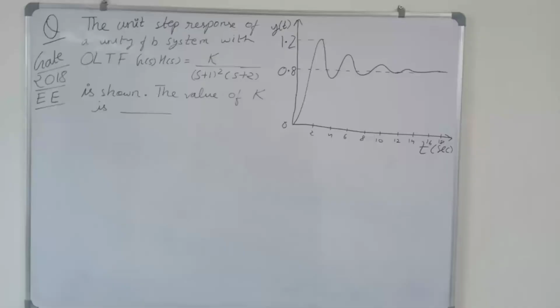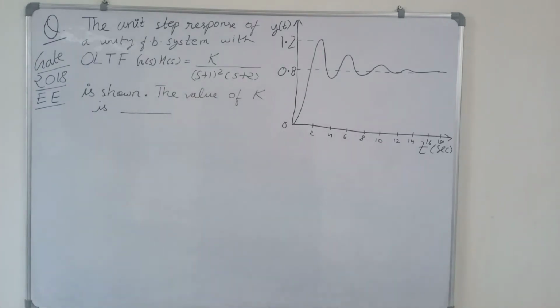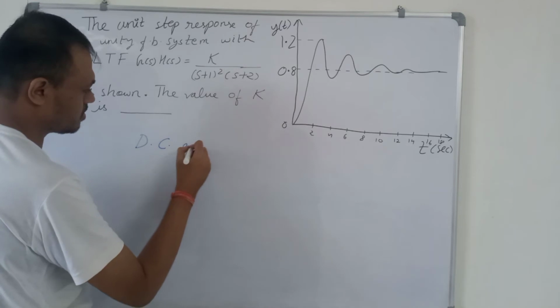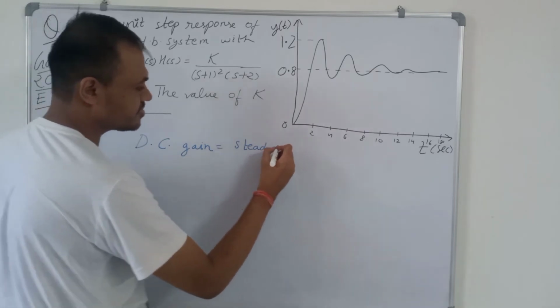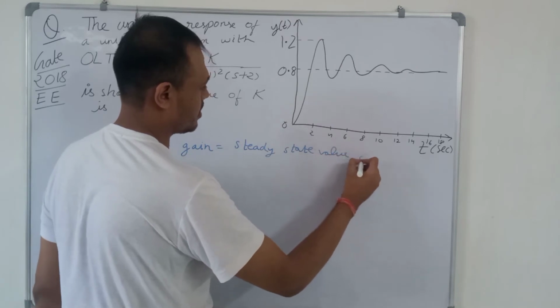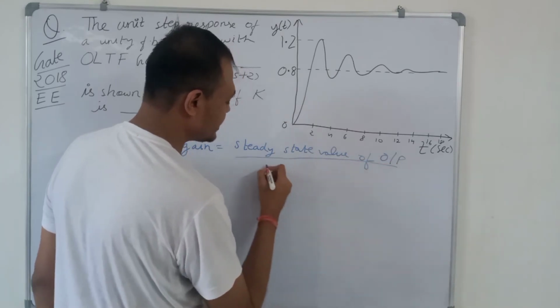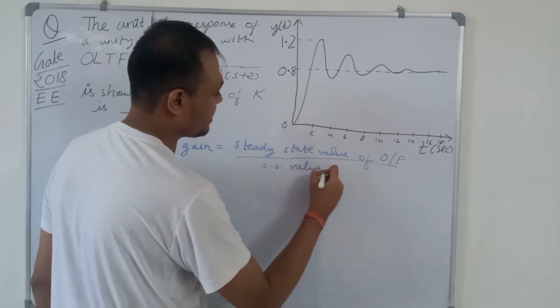So in the first method we used the final value theorem. In the second method, we will use the DC gain. So DC gain is given by the steady state value of output upon the steady state value of input.